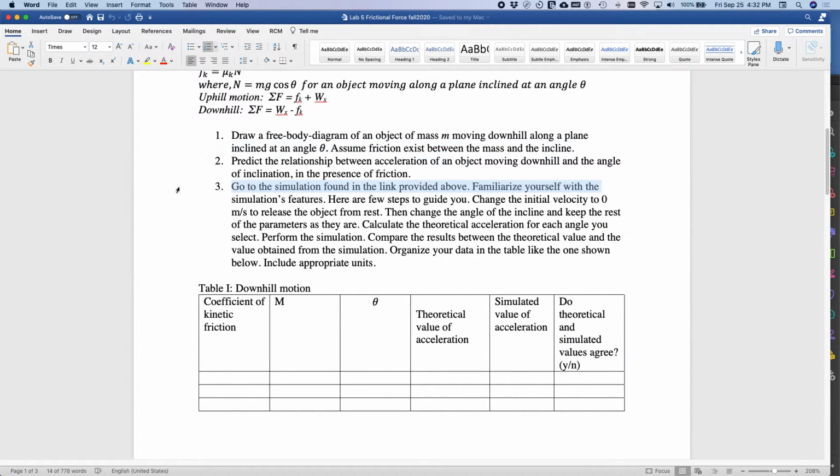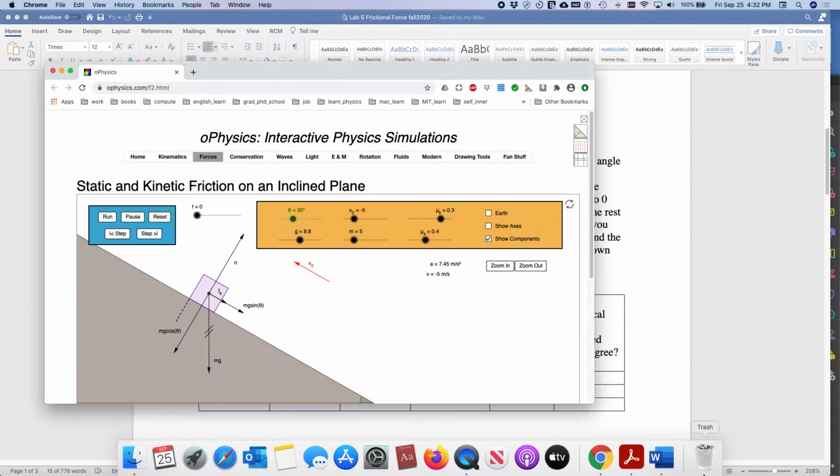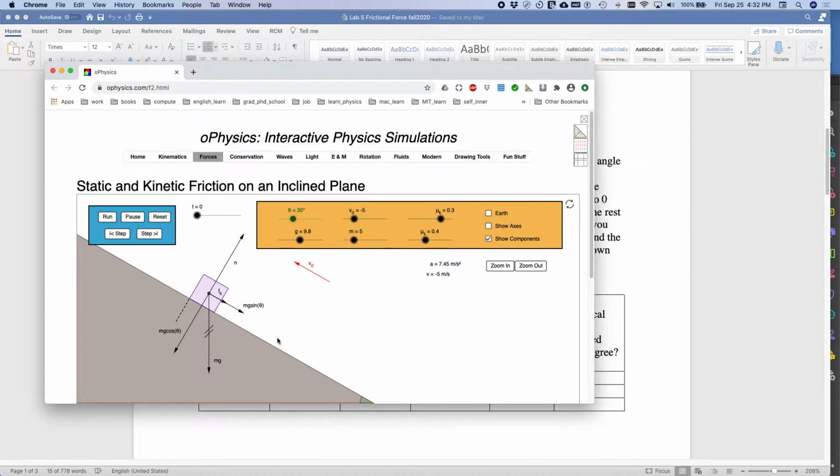So number 3 makes use of the simulation for this part. What the students need to do is this. Let's go to the simulation here. In this simulation, the only thing that needs to be changed for number 3 is the v naught, the initial velocity of an object.